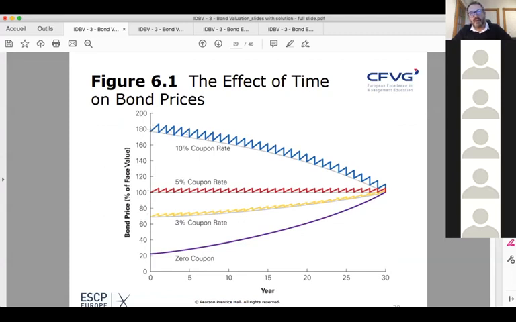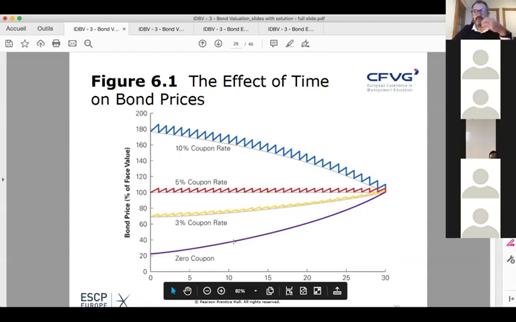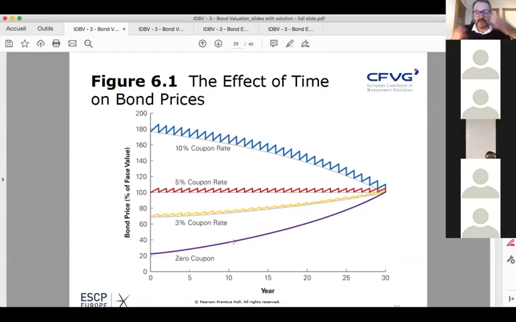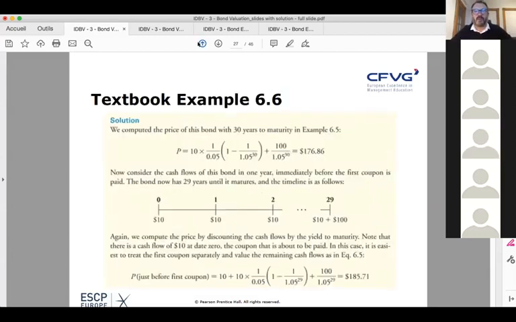We can see that the closer we go to the maturity date, the closer we go to the face value. So this one goes from 69 to 100, and this one goes down from 179 to 100, because the closer we go to maturity, the more coupons are paid. So the difference between the coupon rate and the yield to maturity will not influence that much.